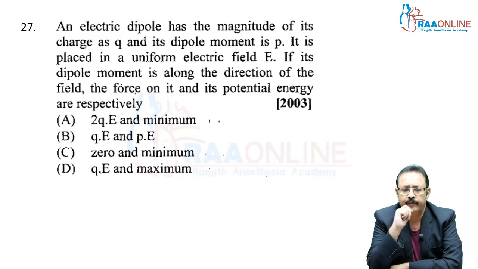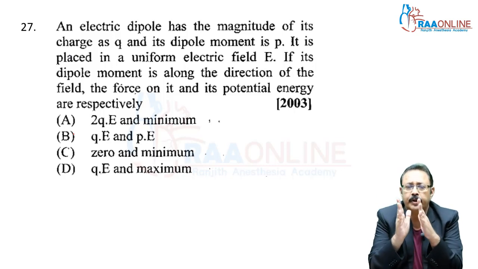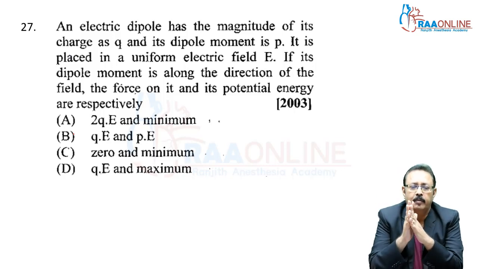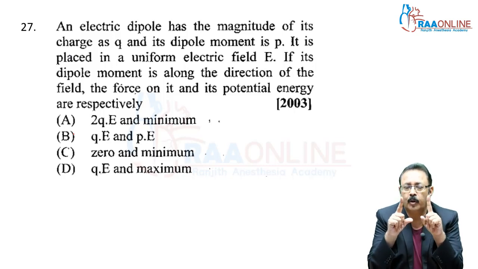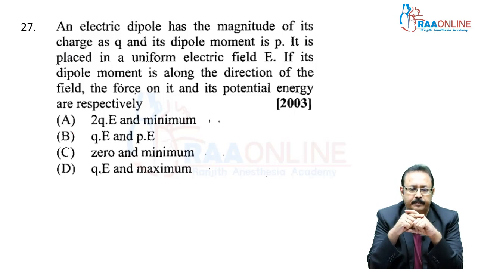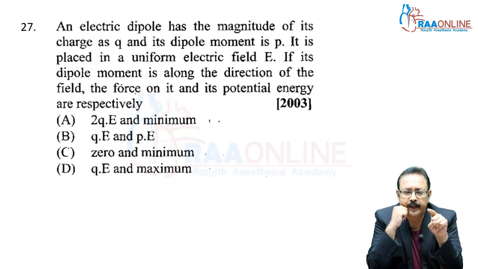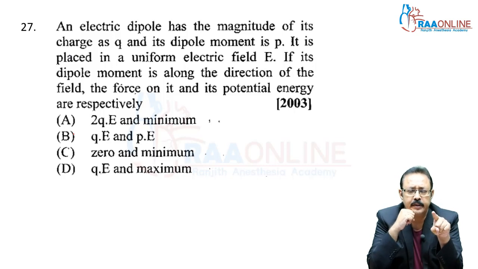We know that if you put it at theta angle, potential energy, see how to attempt a problem in a competitive exam. You are getting potential energy in 4 options, in 3 it is different.